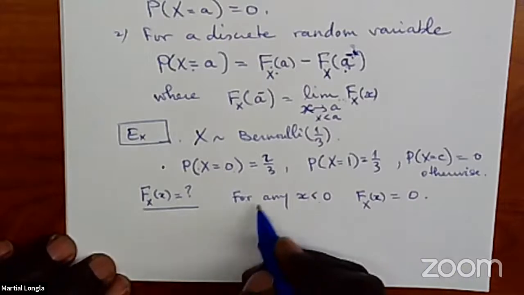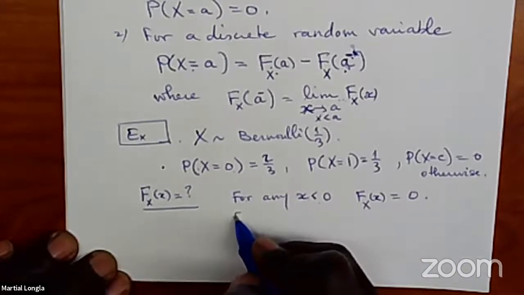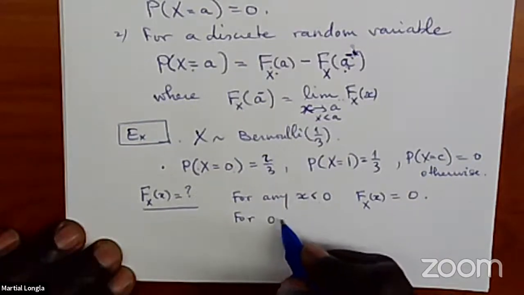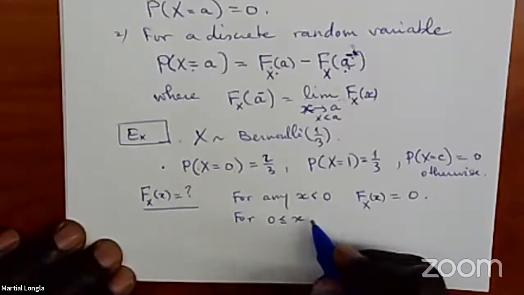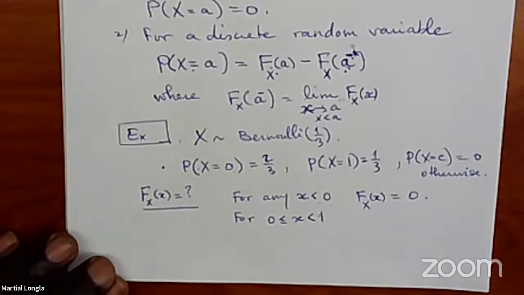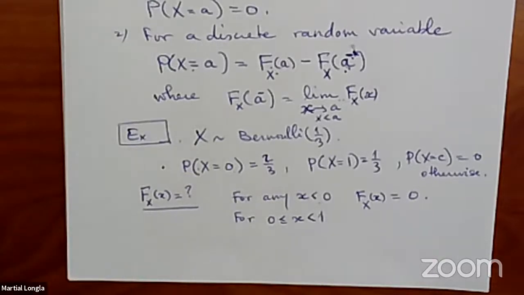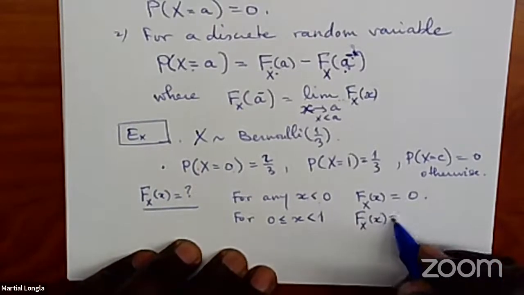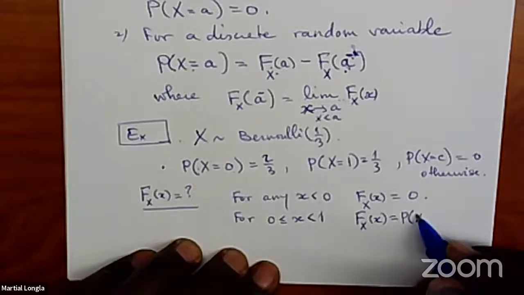So for 0 less than or equal to x strictly less than 1, if x is strictly less than 1 but at least 0, then F_X of x is just the probability that X is equal to 0.